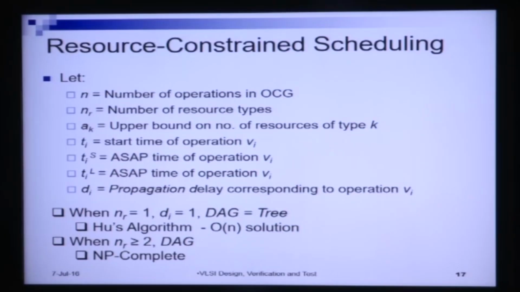For example, we actually have polynomial time optimal solutions in a very few stringent cases. Only when the number of types of resources is just 1, we have all addition operations within the whole basic block, all operations have the same propagation delay, unit propagation delay, and the DAG is basically a tree.